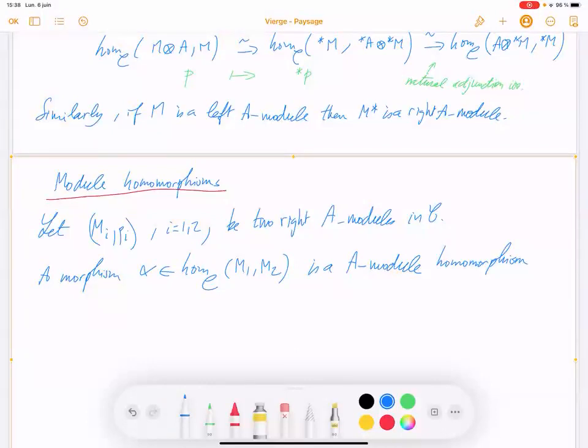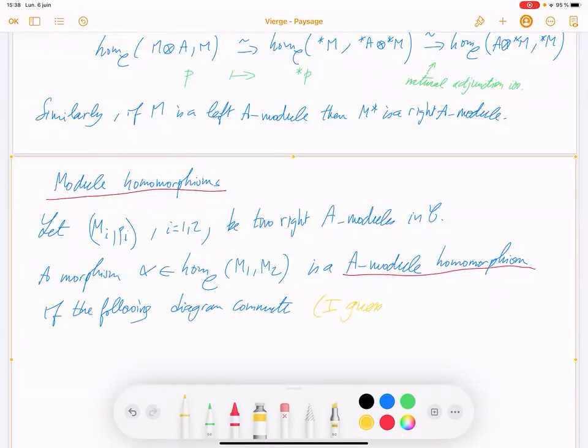Homomorphism if the following diagram commutes. I guess. I write I guess because it is not in the book.